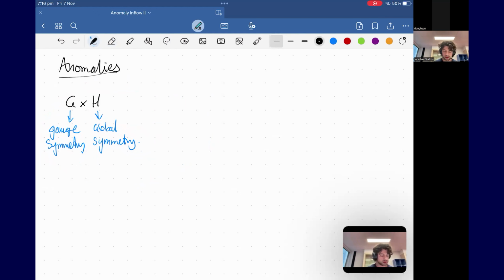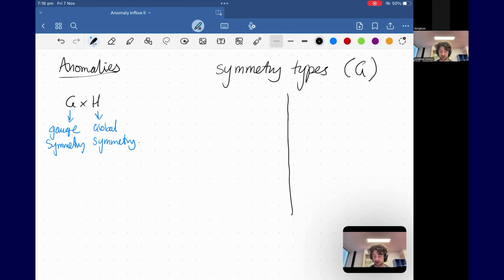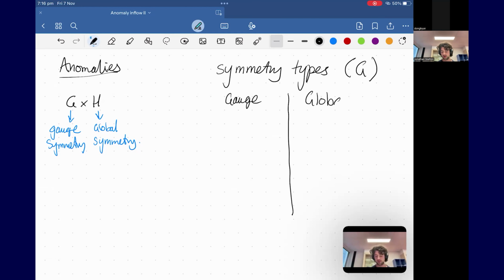So we can have different symmetry types, and I'm just going to say this is for G. Before we upgrade it to a gauge field, G can either be a gauge symmetry originally, or it could be a global symmetry, as in the example I just gave. Then we have two options for the transformations we can do.